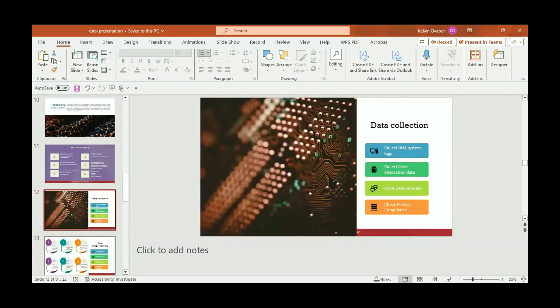Now, in terms of data collection, we collect the identity access management system logs, we collect the user interaction data as I talked about. The data will be stored securely, then we check privacy compliance in line with GDPR and HIPAA to be sure that it's in line with the regulatory standards as seen in best global practices.